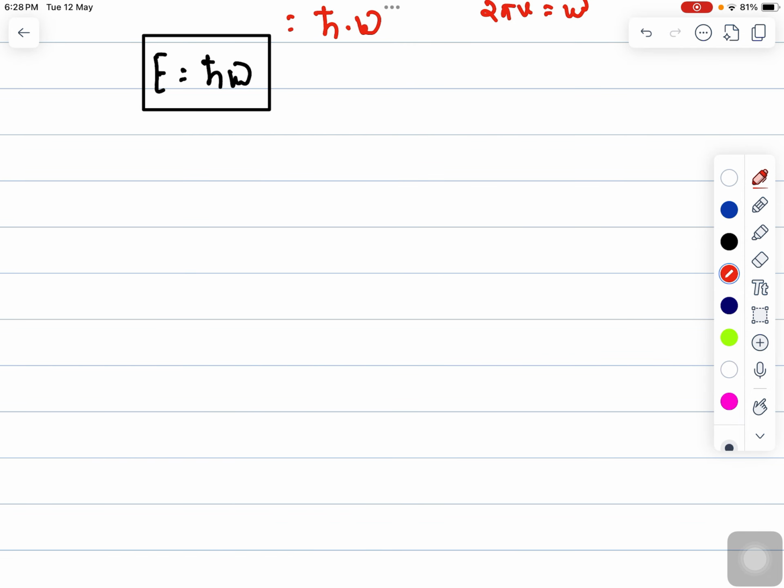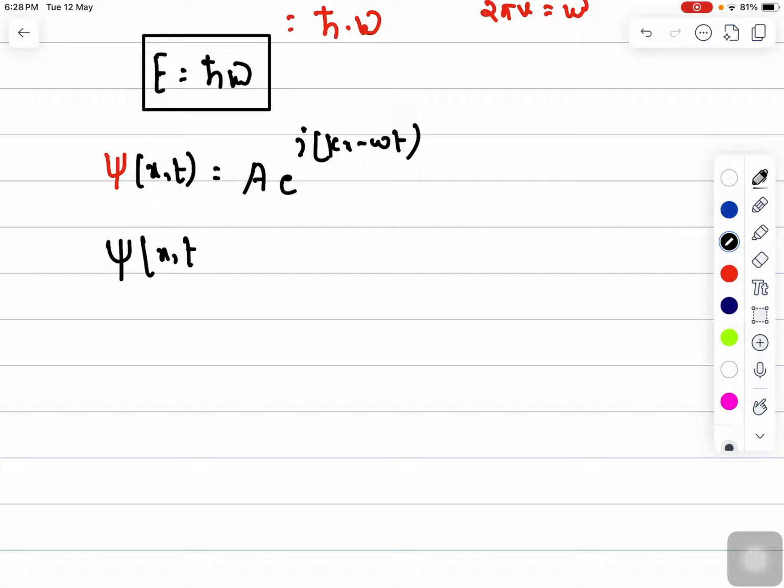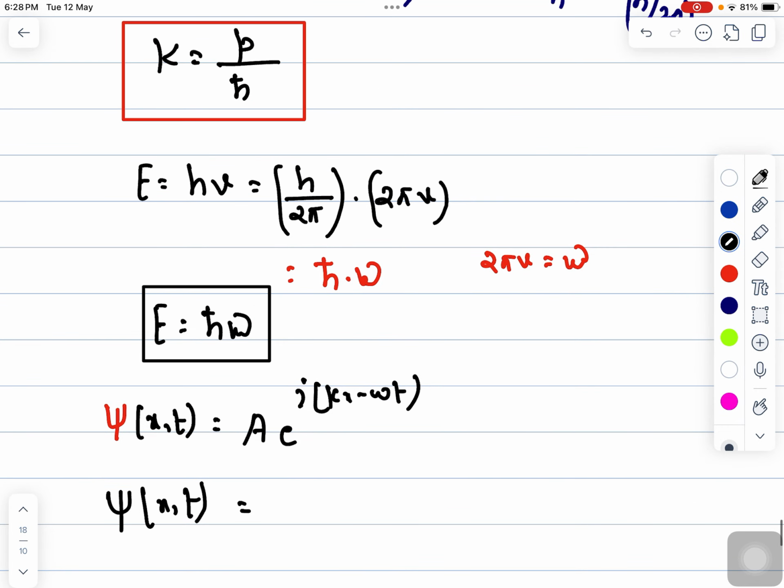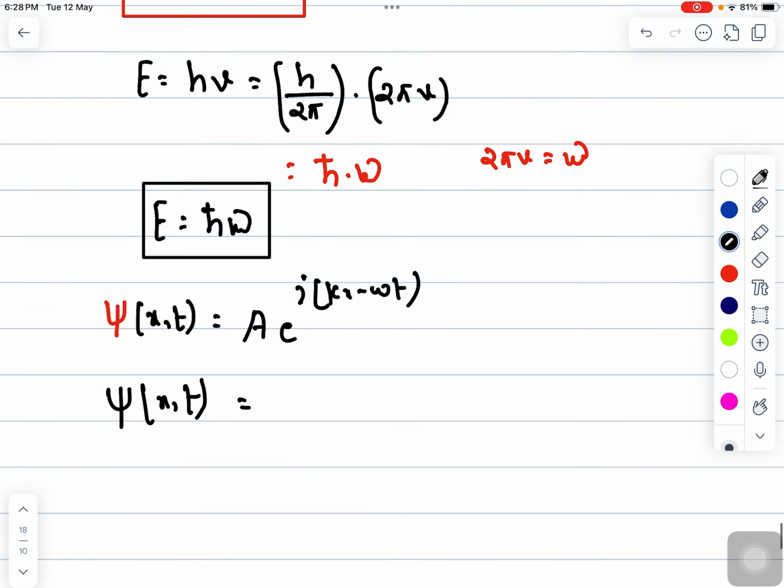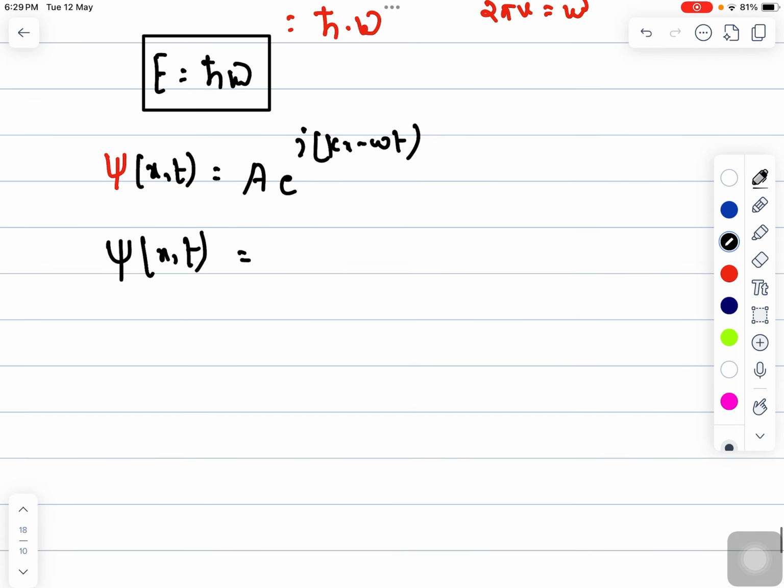Here we have seen that the Schrodinger equation gives a solution, if I assume this wave psi is a function of x and t, of the form A e to the power i(kx minus omega t). Now we have calculated the values of k and omega, where omega equals E by h-cut, and we substitute them here. So psi(x,t) equals A e to the power i by h-cut times (px minus Et).